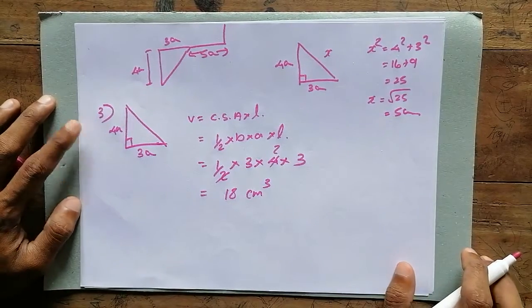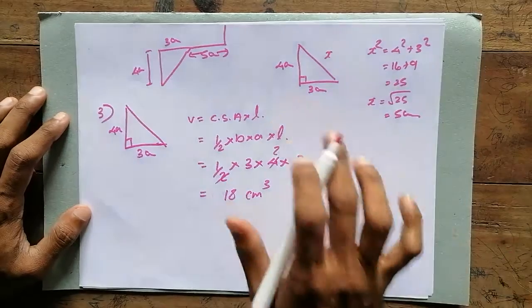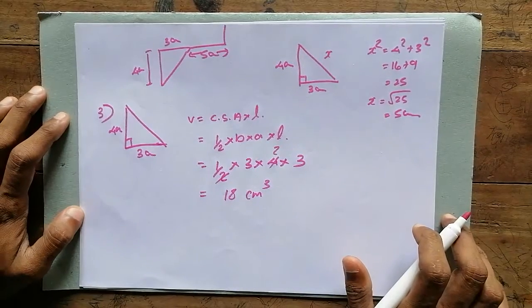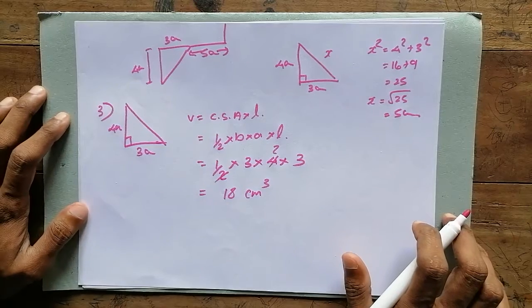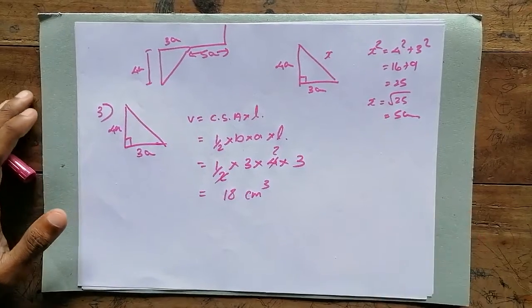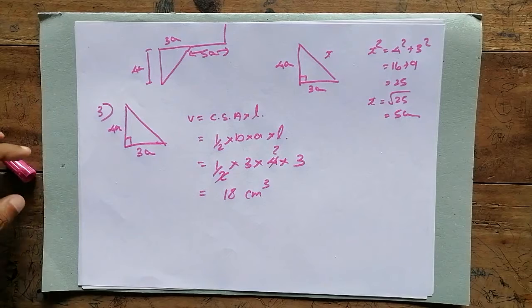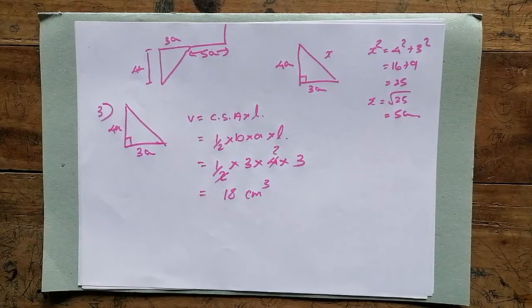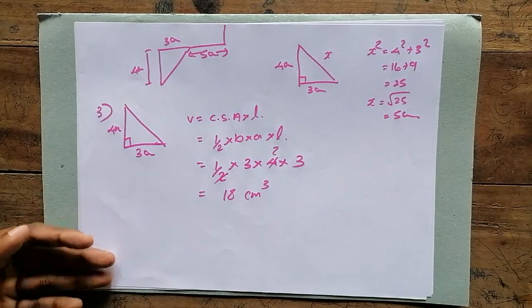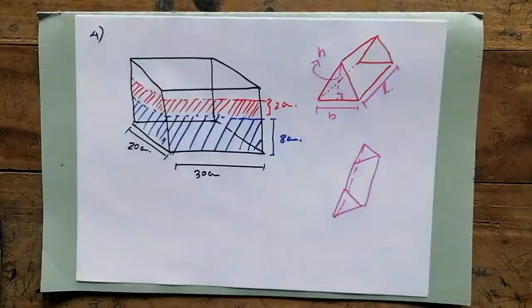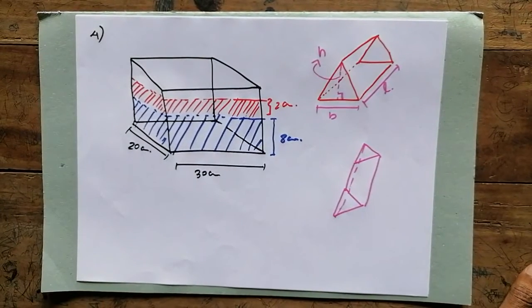Remember this part: from the cross section, we are measuring the length. So the length of this prism is 3. That is the important point. They are teaching us this from the third question. Students, let's go to the fourth question.